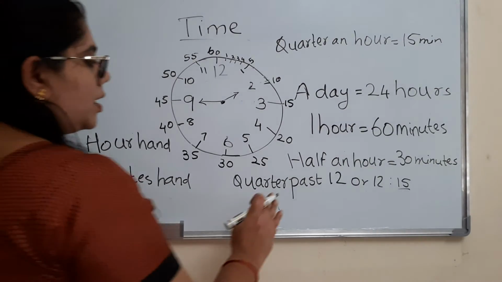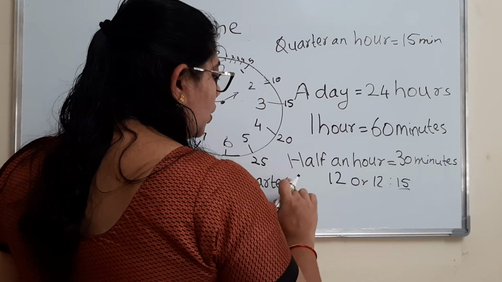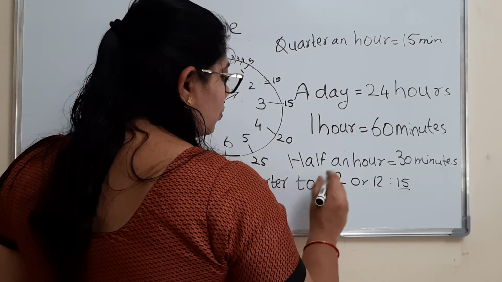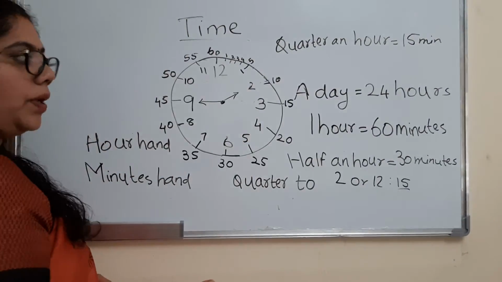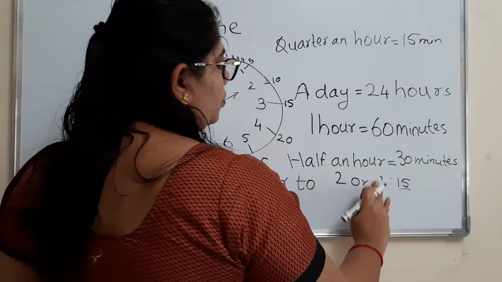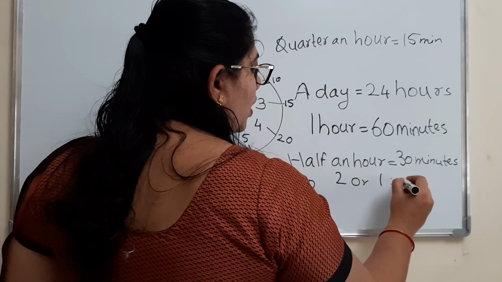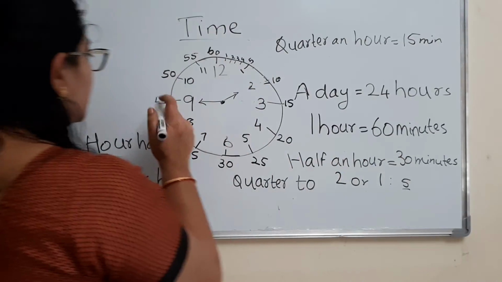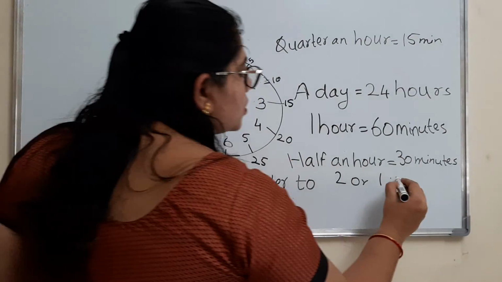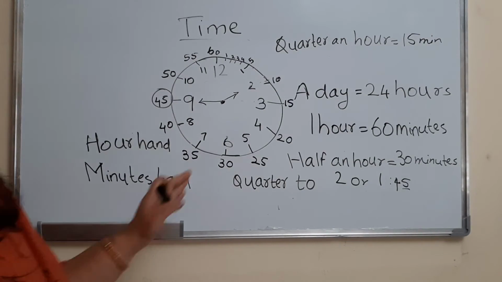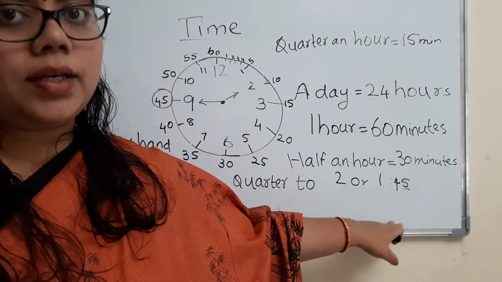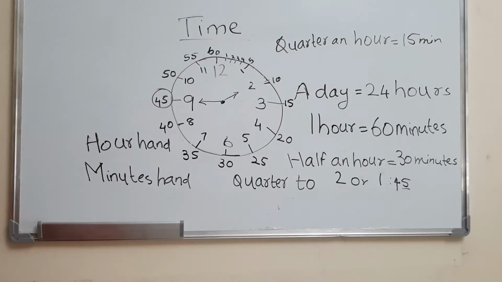So we will call it quarter to 2. Or we will call it 1:45. Here what is the minutes showing? 45. So quarter to 2, or 1:45.